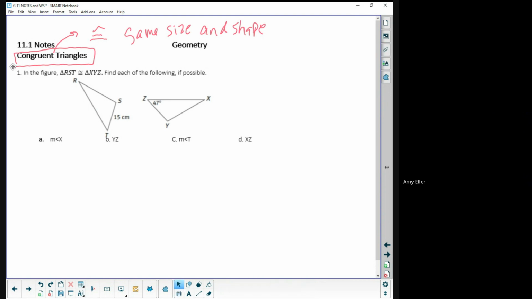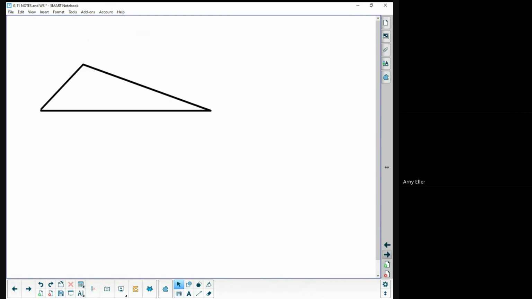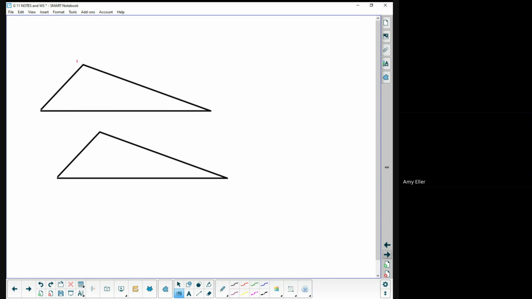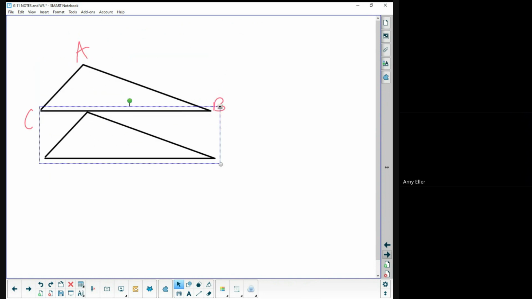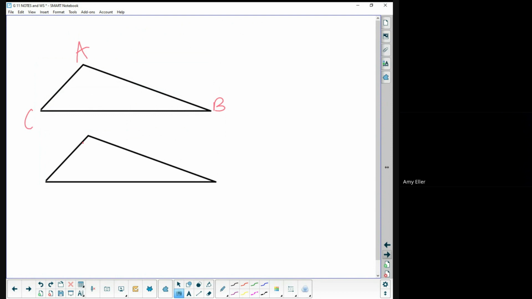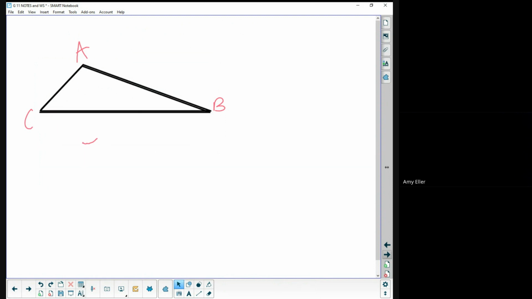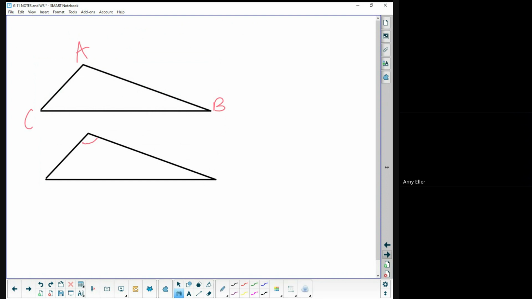So let me show you something. Nothing you need to write for now. If I take this triangle here and I copy it, make another copy just like it, I now have two congruent triangles. You'll notice if I went ahead and labeled these, angle A matches exactly this angle right here, and angle B matches exactly this angle here, and angle C matches this one.